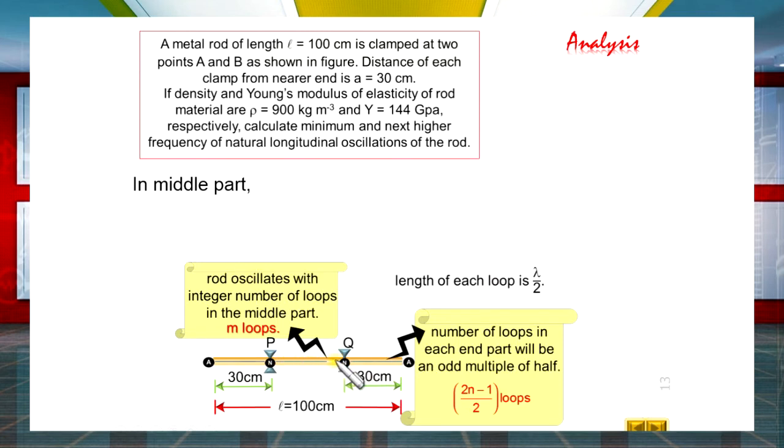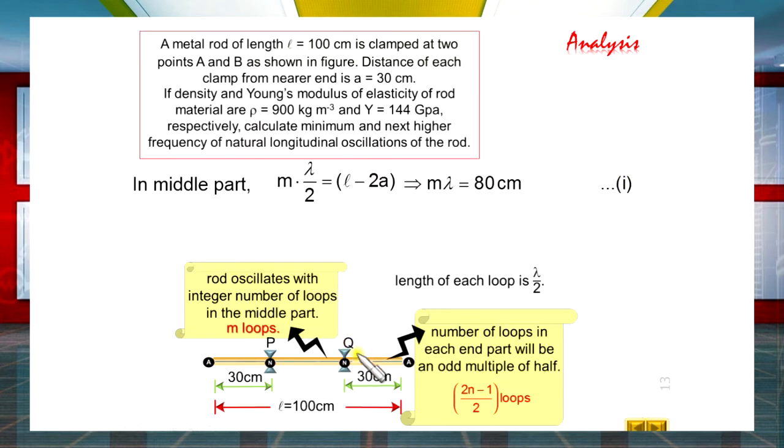So this part has length equal to L minus 2a, and this L minus 2a equal to m multiplied by lambda by 2. Now we can substitute the value of L, that is 100 centimeter, and a equal to 30, that is 100 minus 60, that is 40, and lambda by 2 multiplied by m equal to 40, that means m lambda equal to 80 centimeter. Let this be equation number 1.